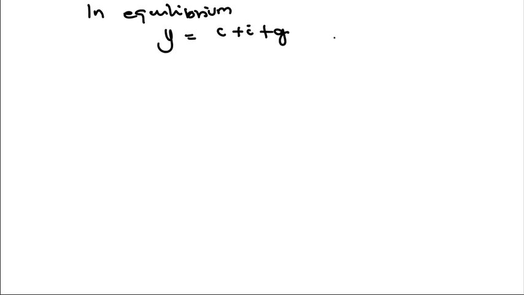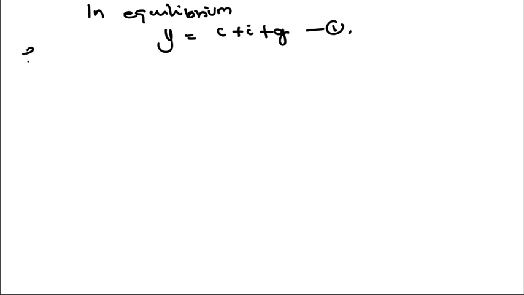We know that in equilibrium, real output equals C plus I plus G. And then call this equation 1.